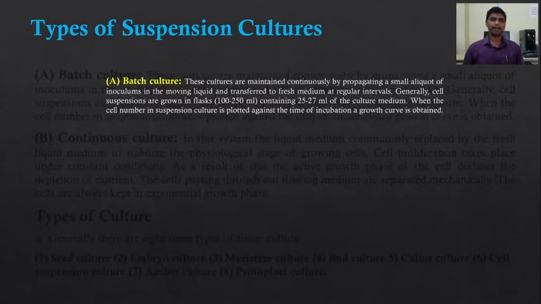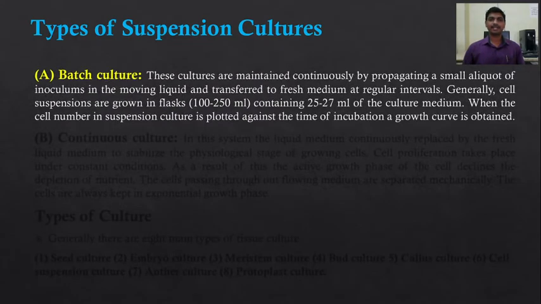First one is the batch culture. These cultures are maintained continuously by propagating a small aliquot of inoculum in the moving liquid and transferring it to fresh medium at regular intervals. So in batch cultures, the growing cells are transferred to a fresh medium at regular intervals.